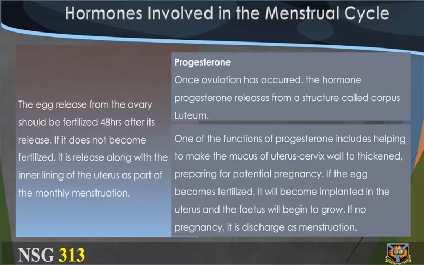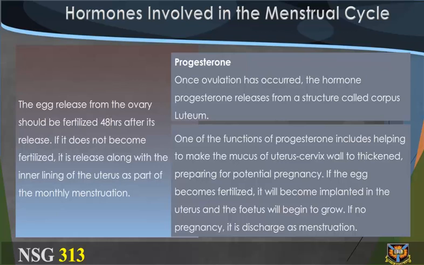One of the functions of progesterone includes helping to thicken the mucus of the uterine cervix wall, preparing for potential pregnancy. If the egg becomes fertilized, it will become implanted in the uterus and the fetus will begin to grow.